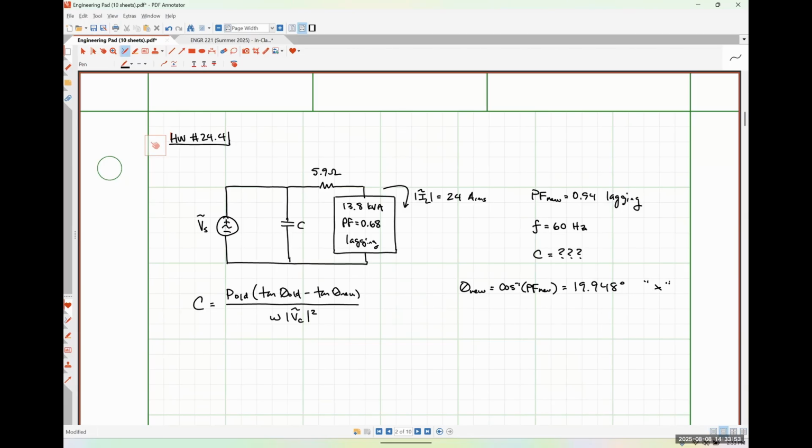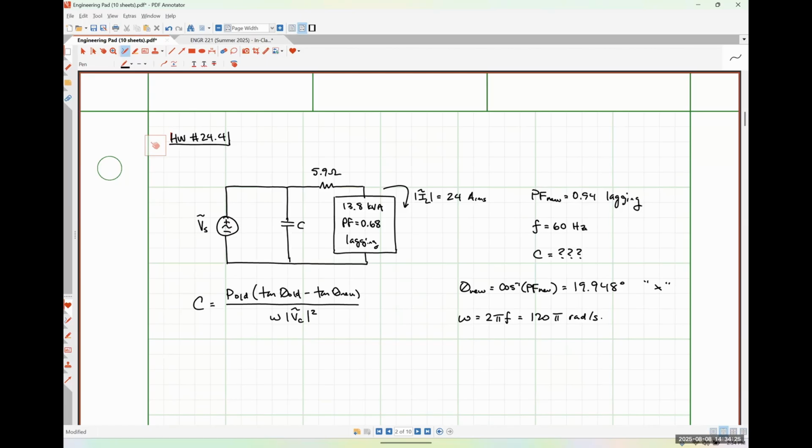Storing that in my calculator as X. Okay. And omega is once again just 2 pi F. And so that's going to be 120 pi radians per second. All right.